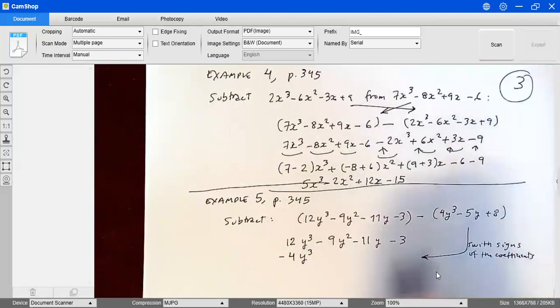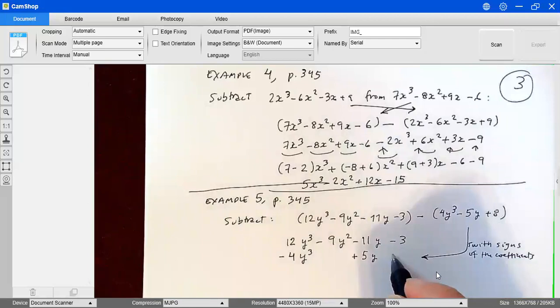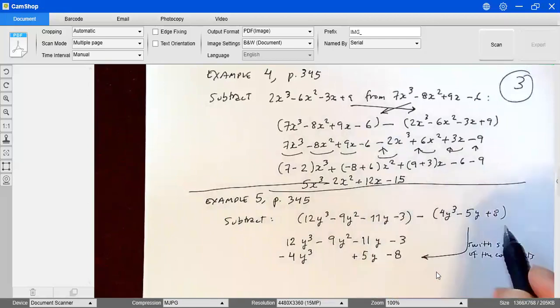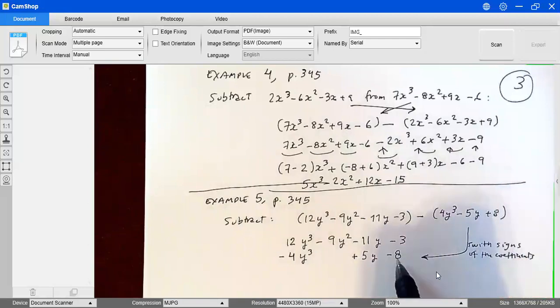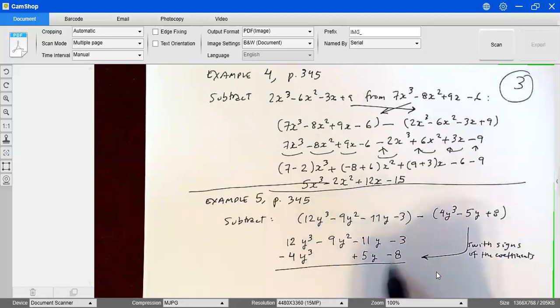This goes in this column because it's y, so it's going to be positive 5y. Finally, I have the constant term 8 is going to become negative 8 because it was positive, it should be now negative. So now the last step is we're going to combine like terms again in a vertical format. So it's just an addition again because we already switched signs.